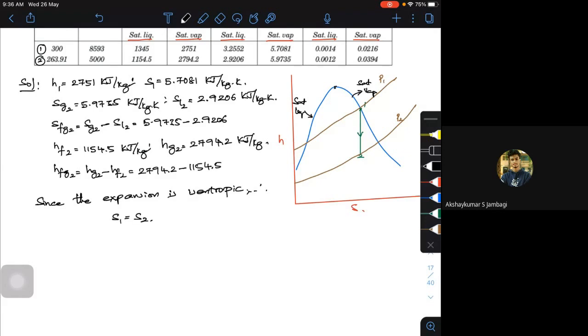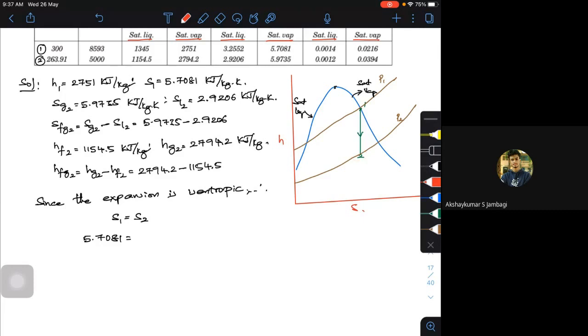That is, entropy at this point and entropy at this point are the same. That's the meaning of it. So what is S1? It is 5.7081. What is S2? This particular point is wet steam.